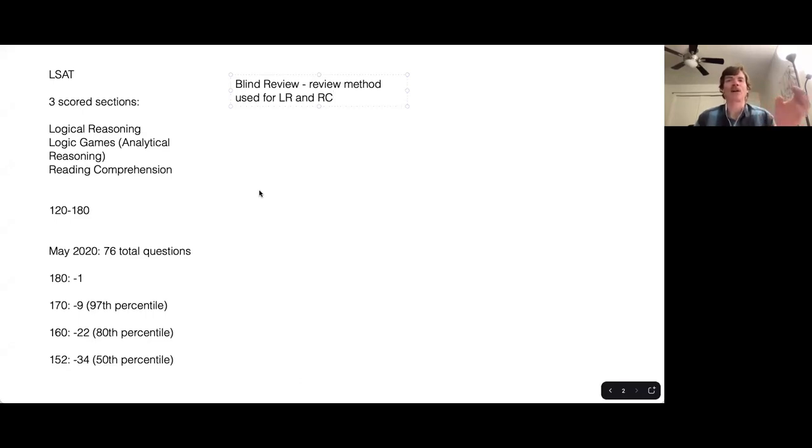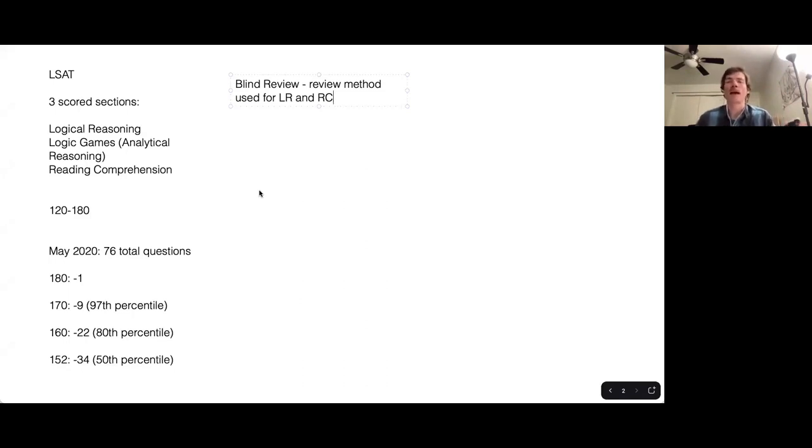I cannot identify the right answer choice as being correct. However, I can identify reasons for why the four wrong answer choices are wrong. And then that can in turn lead me to the right answer choice. So I can get a question right without even knowing why the right answer choice is right. Okay? So process of elimination is a hugely important thing that we're going to be implementing on the LSAT.